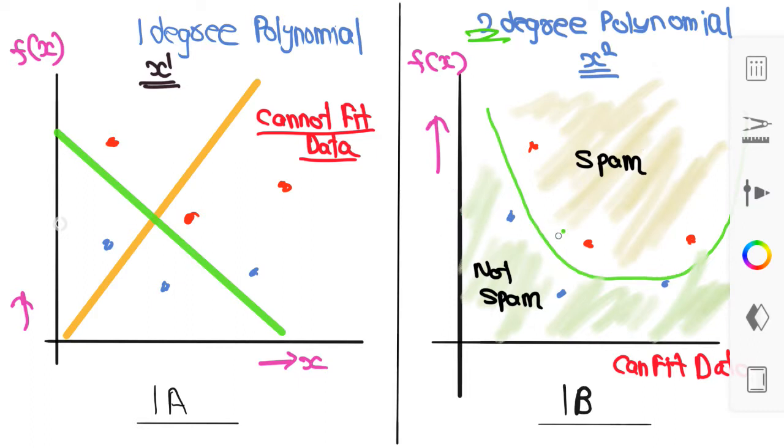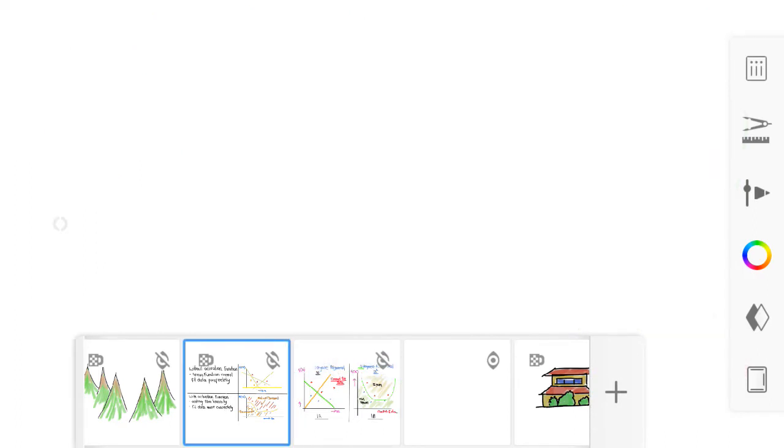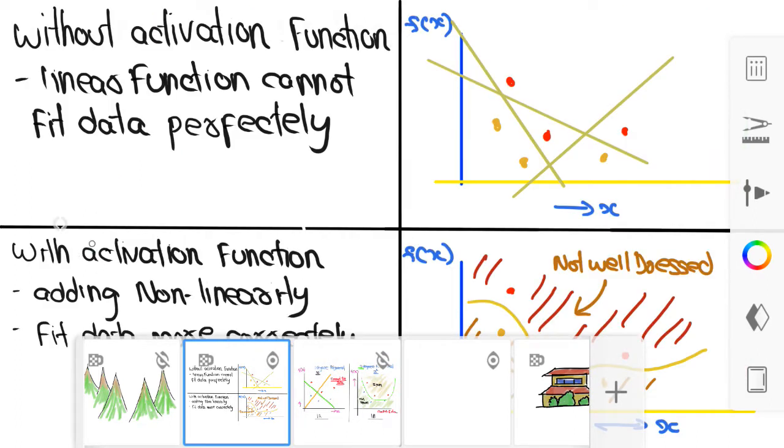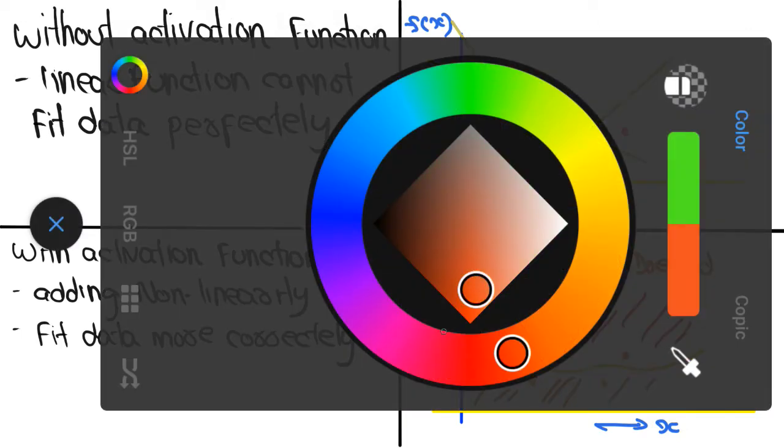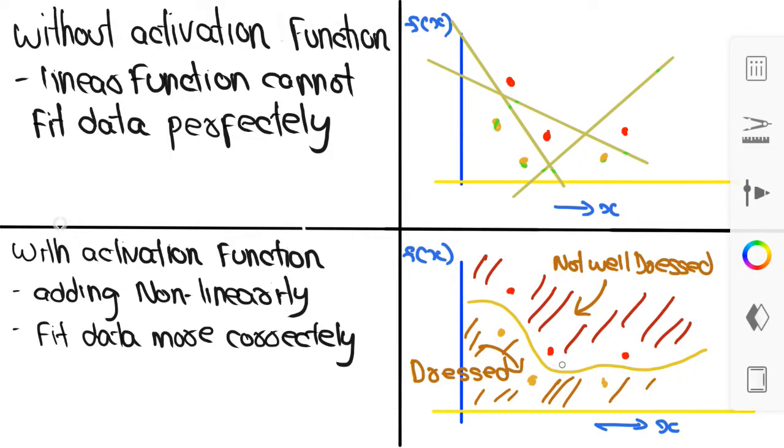Over here, as you can see, this is not spam and this is spam, and we can fit this data much more correctly. I've written some data about it. Without an activation function, linear functions cannot fit data perfectly, and with an activation function we can fit the data perfectly.